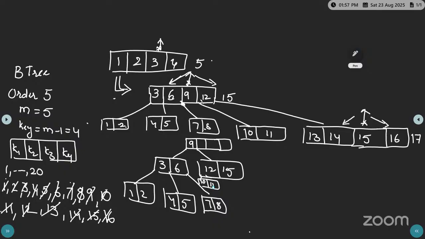And the right side of 12? 13 and 14. 15 has moved out. What is to the right of 15? 16, 17, and 18, 19 can also be drawn.